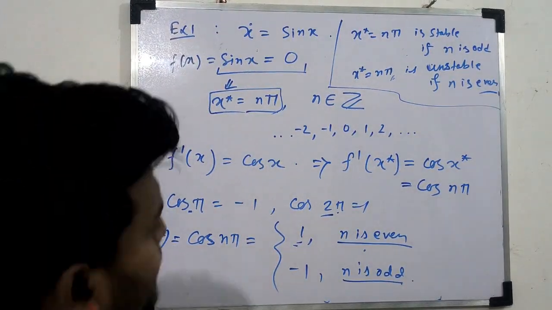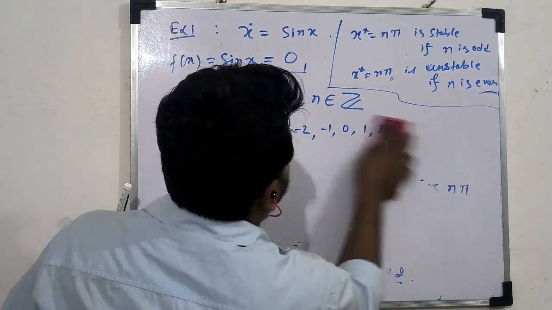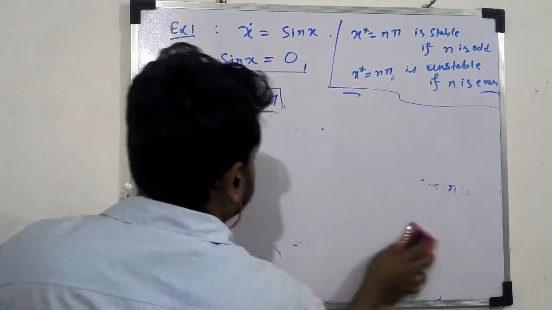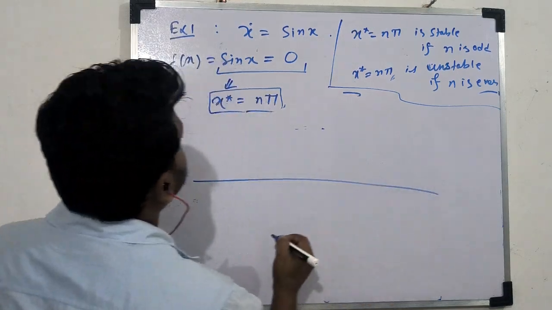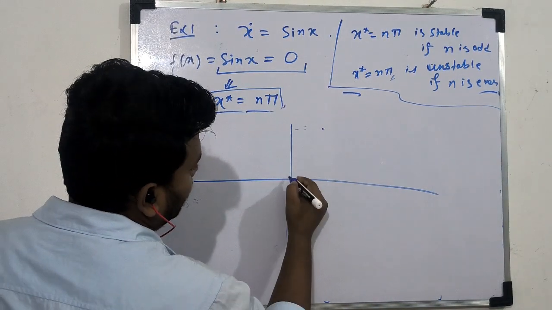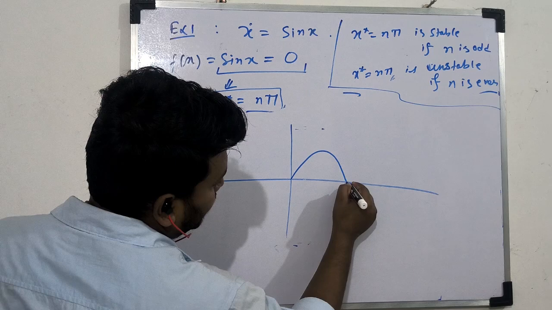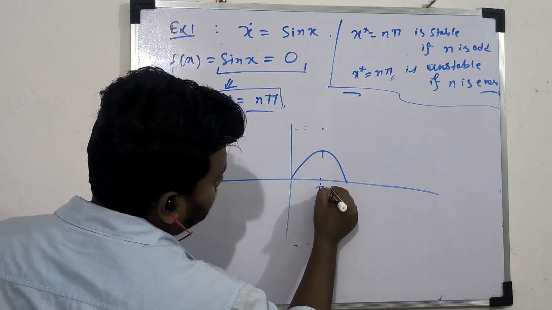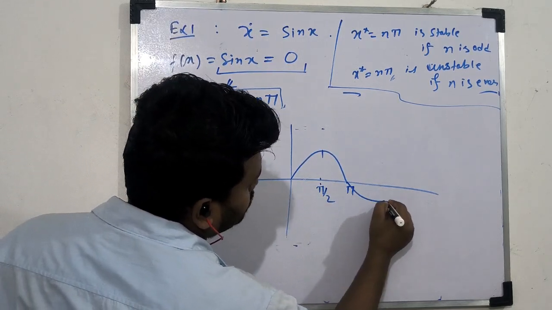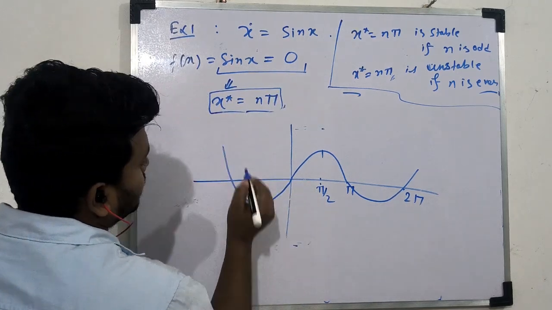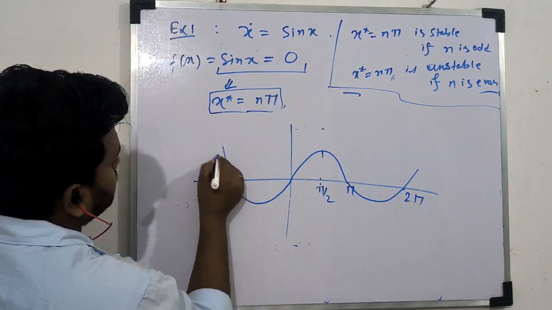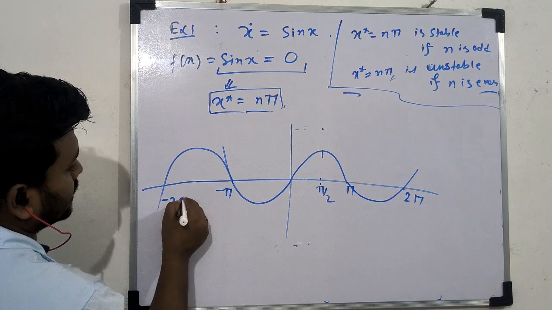And also from this, by graphical method, you see that this is sin x: sin 0 is 0, at pi it is 0, at pi by 2 it is 1. This is pi, this is 2 pi, here 0, this is minus pi, this is minus 2 pi.